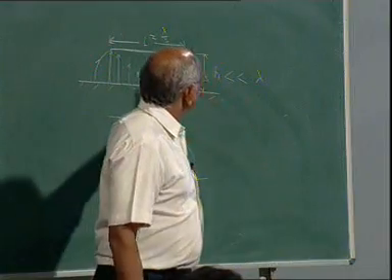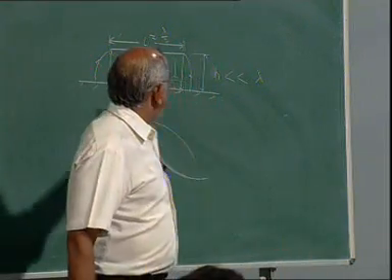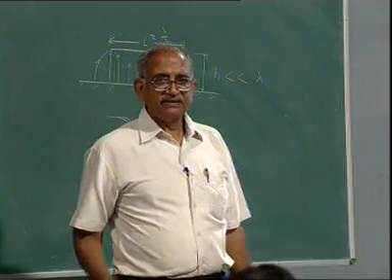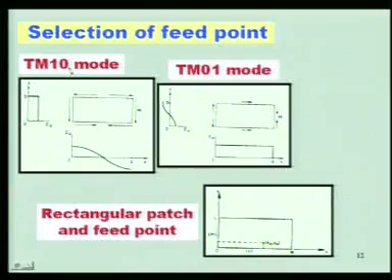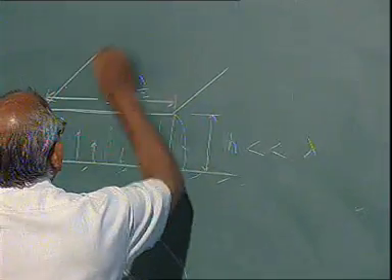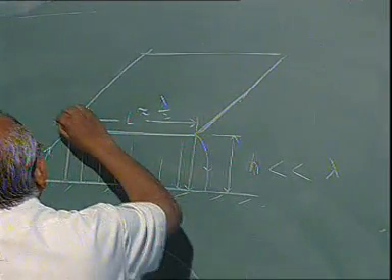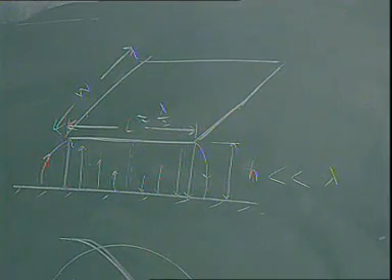So, since this is much less than wavelength, there will not be any field variation, like we have drawn almost a constant line. But along the other two dimensions, there is a field variation. There is a half variation along the length, and along the other dimension, this dimension, this is width, there is no field variation.